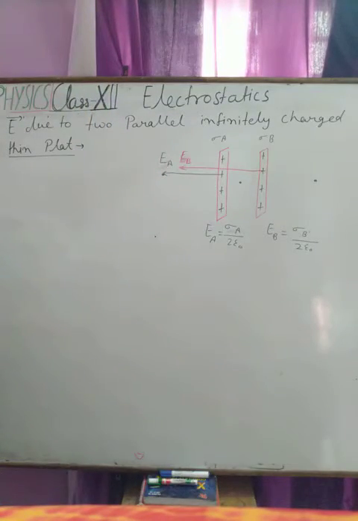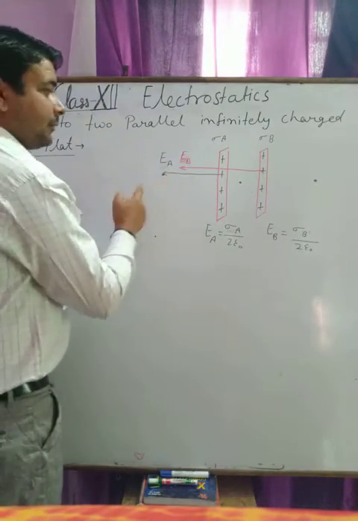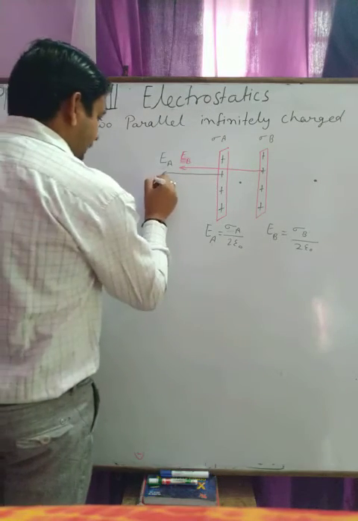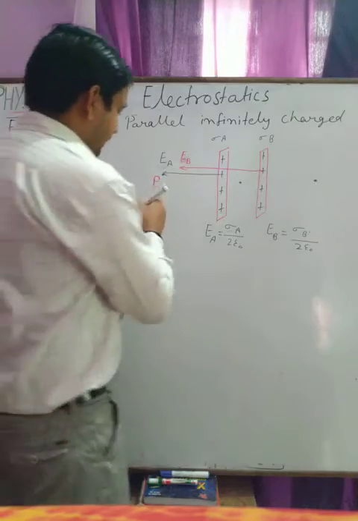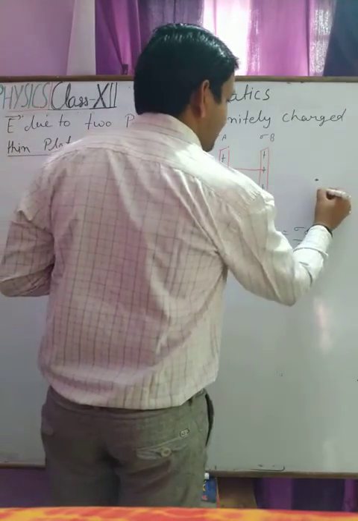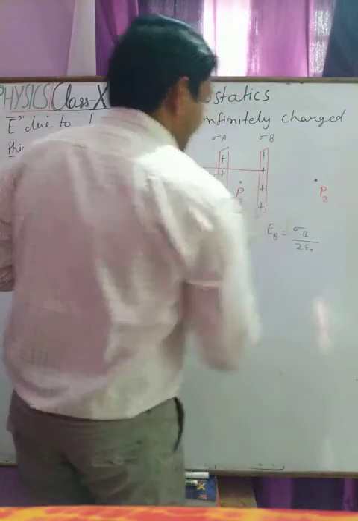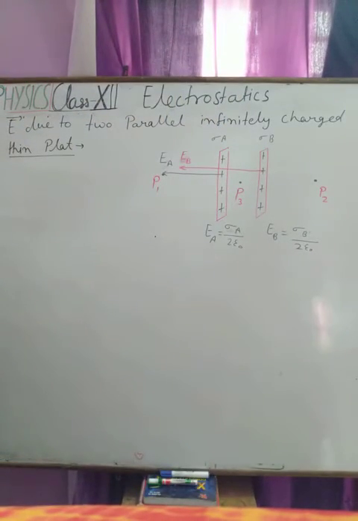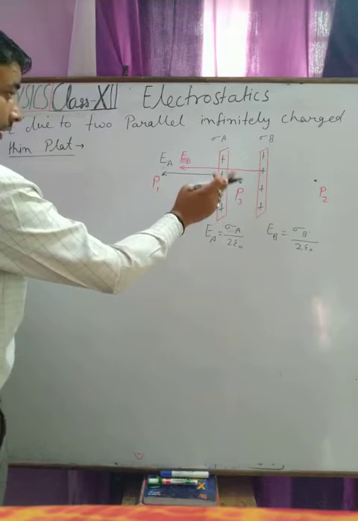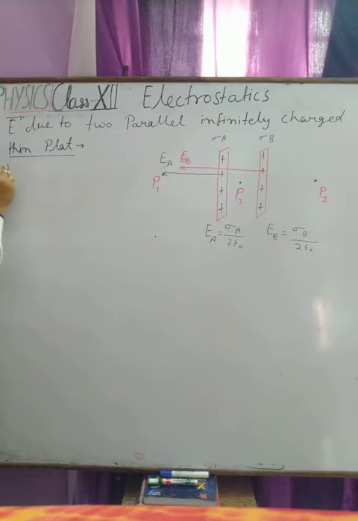It is clear, and both the fields are in the same direction. So the total field at the points, we take them as P1, P3 and P2.